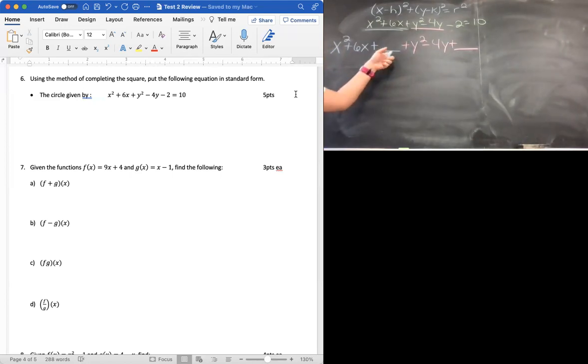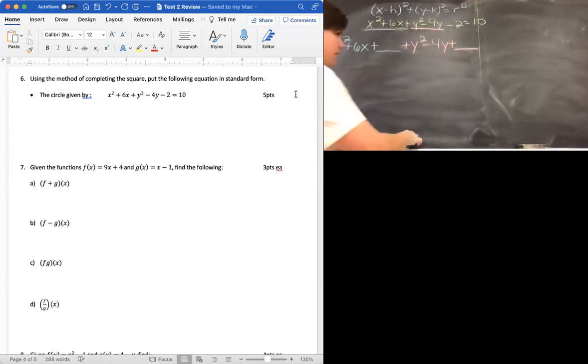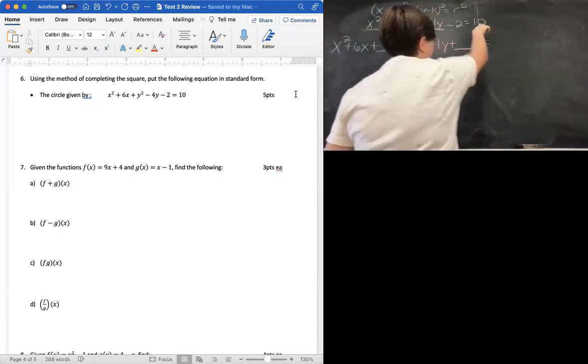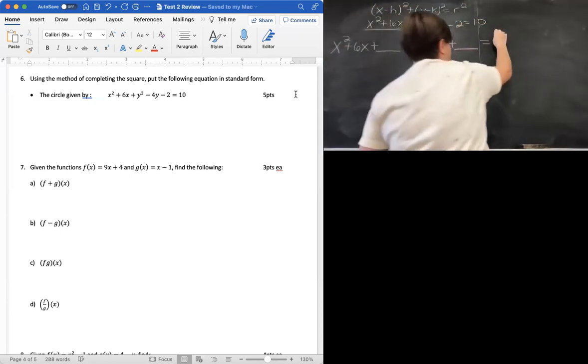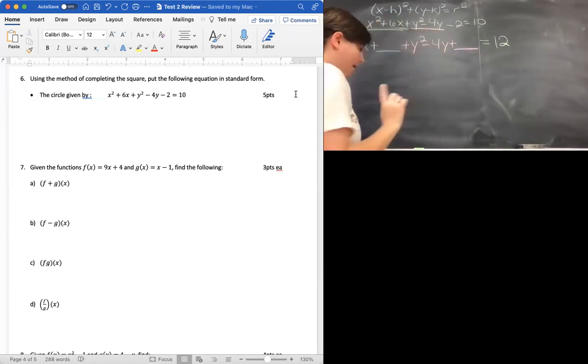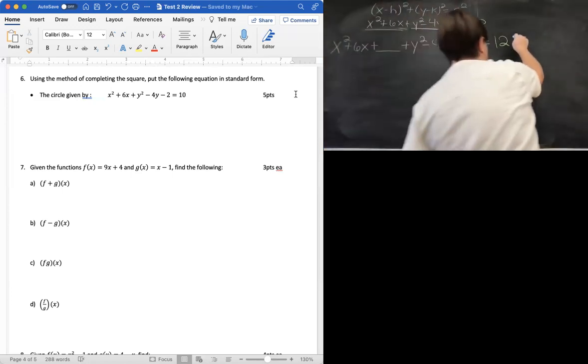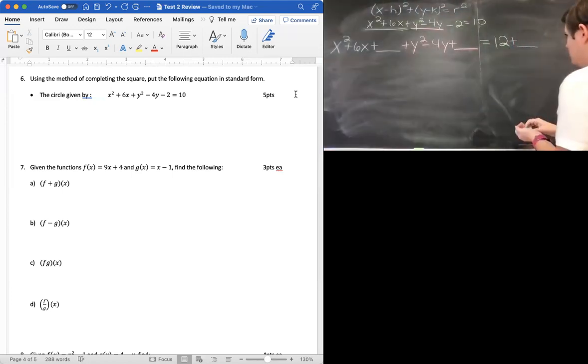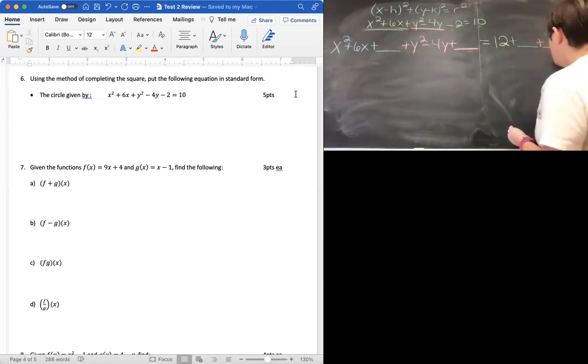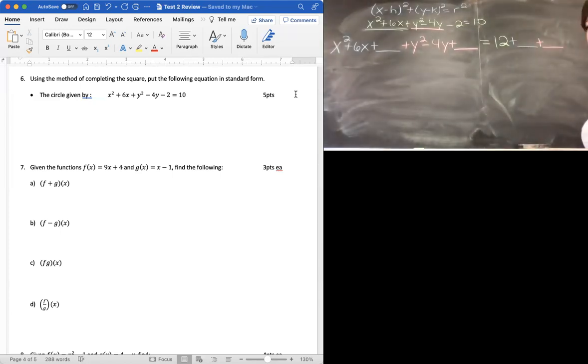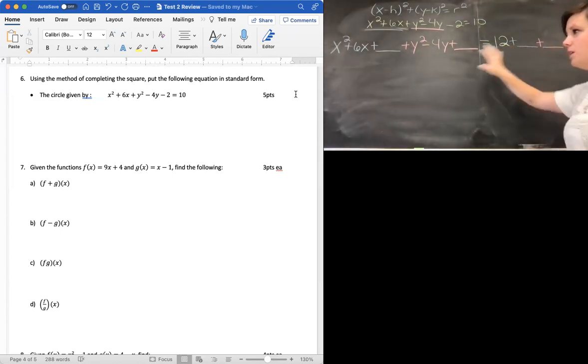Notice I have a blue blank and a pink blank. That equals 10 plus 2, which is 12, but plus the blue blank plus the pink blank, because that's how completing the square works. We have to put those blanks on both sides.